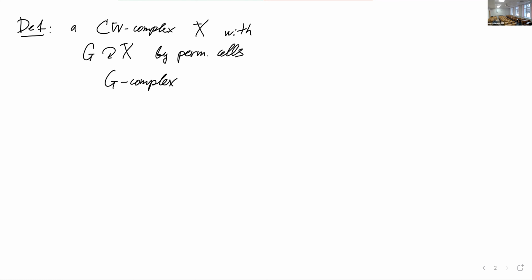And of course, EG is such an example. It's actually the only one which we'll need. And there are many other G complexes anyway.